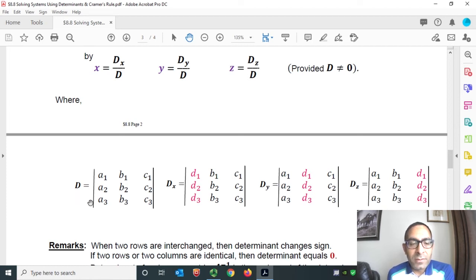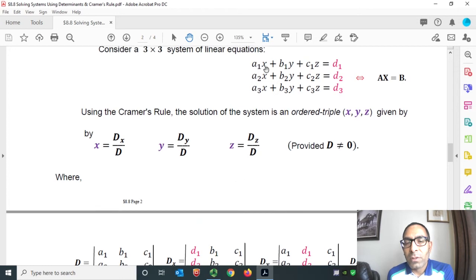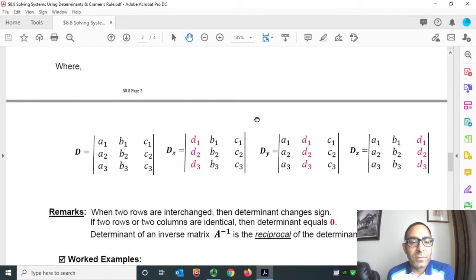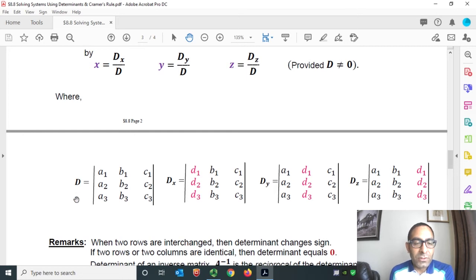D is the determinant of the coefficient matrix. So here the coefficients are a1, b1, c1, a2, b2, c2, a3, b3, c3, which are here. So D equals the determinant of the coefficient matrix. Dx is the determinant of the coefficient matrix which you obtain by replacing the x column by the constant column.